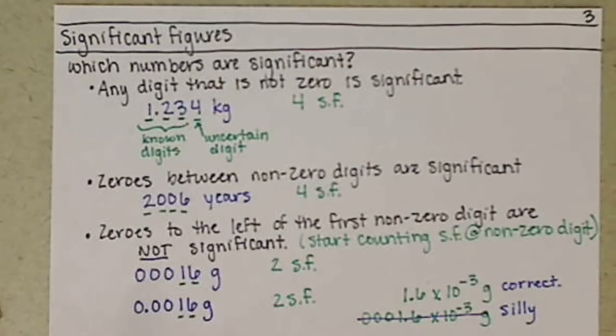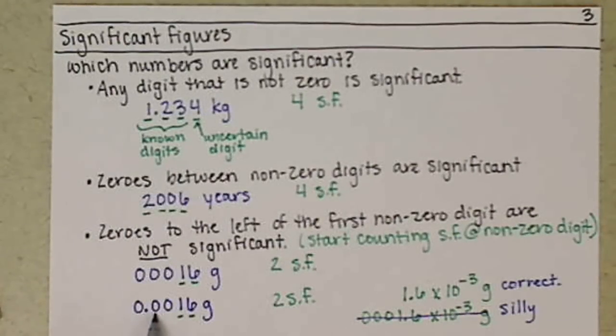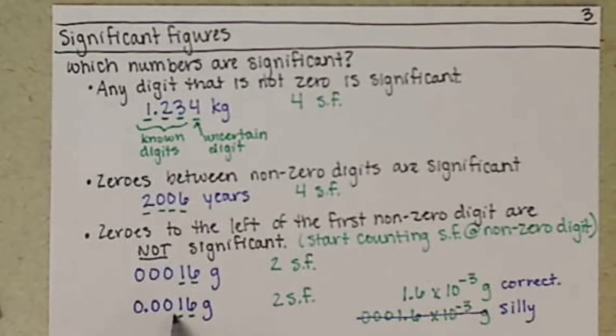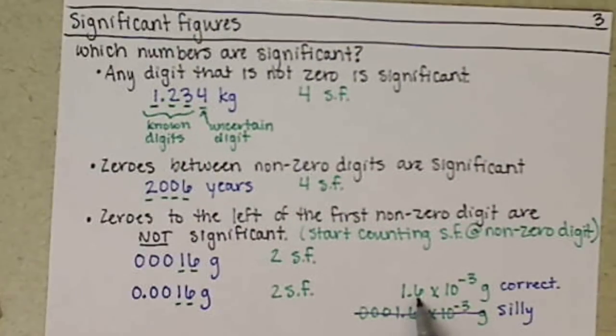Yes, they are there to signify the value, but they aren't significant figures. I proved that by writing this number in scientific notation. These numbers are equivalent to each other; they have the same numerical value. So when we transpose it into scientific notation, in order to maintain the same number of sig figs, we just have the 1 and the 6.